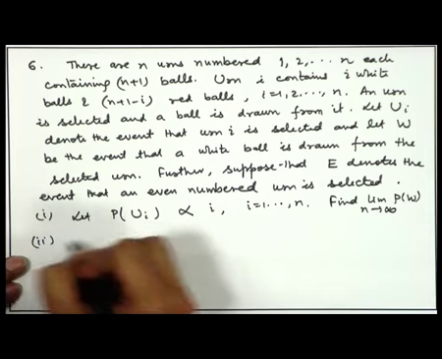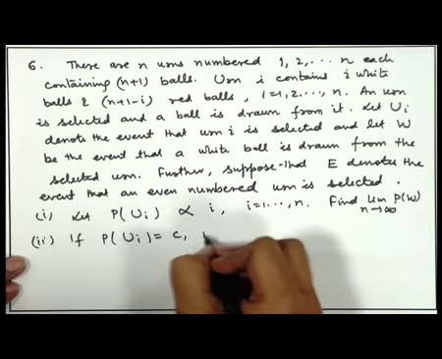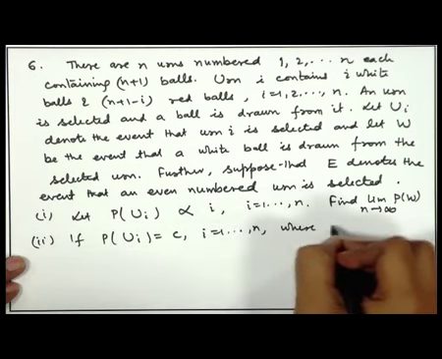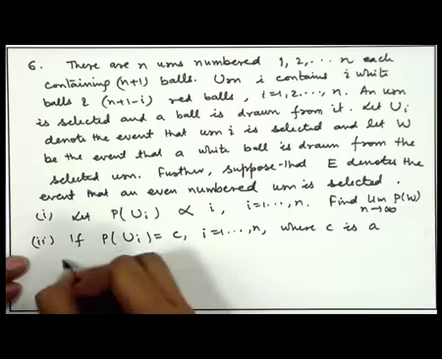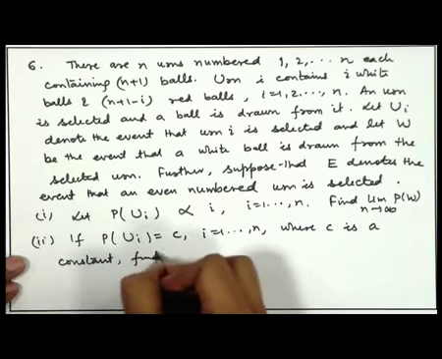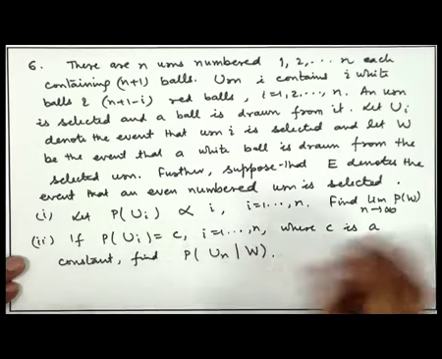In the second case, if probability of ui is constant c for i is equal to 1 to n, where c is a constant, find probability of un given w.